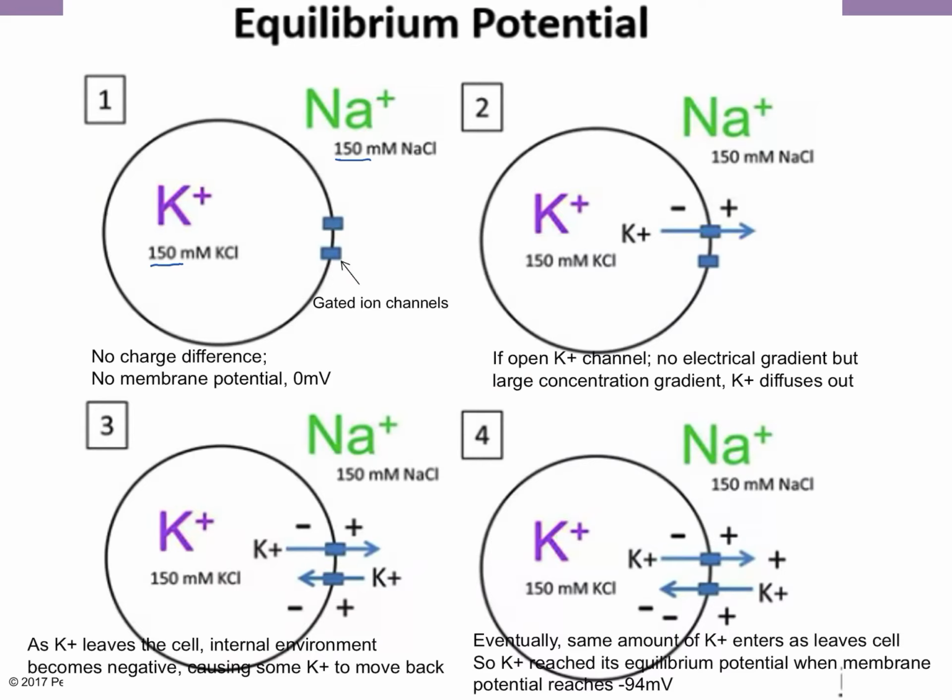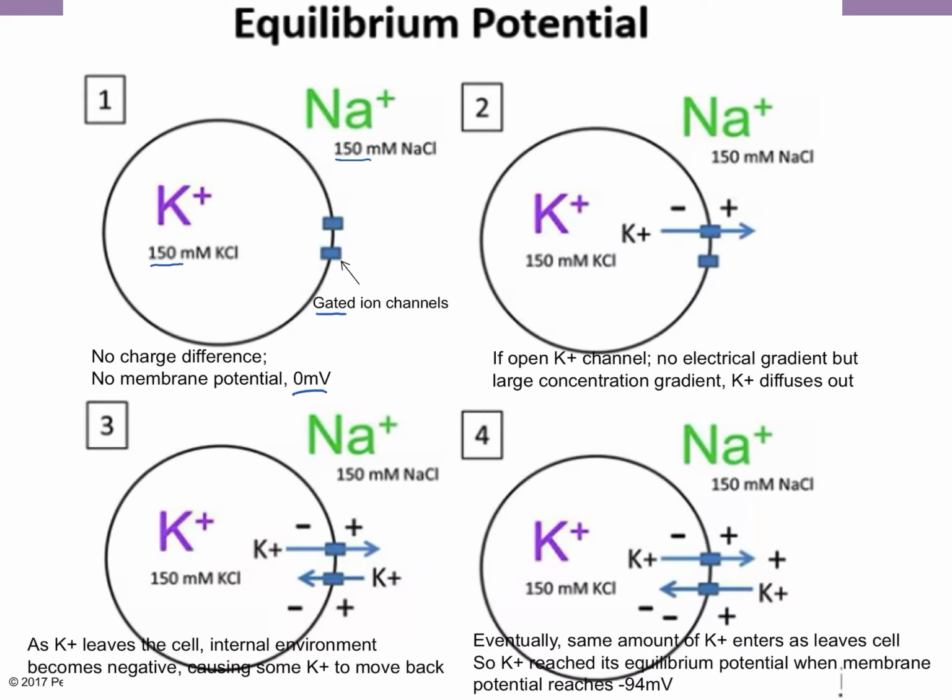For simplicity's sake, we'll just say potassium and sodium, since chloride is the same on either side. We're going to see some gated ion channels here in blue. If there is no charge difference, the membrane potential is at 0 millivolts.